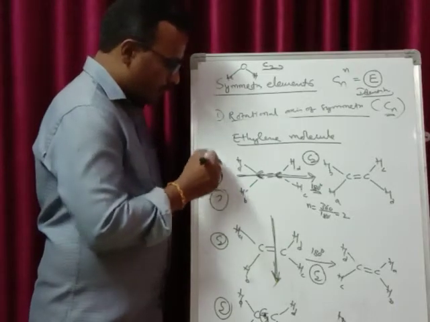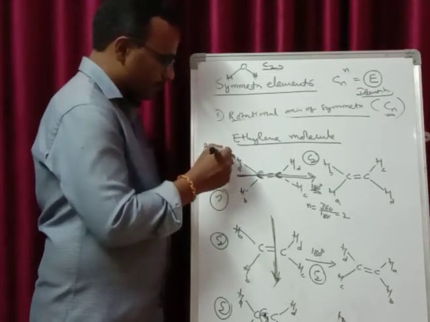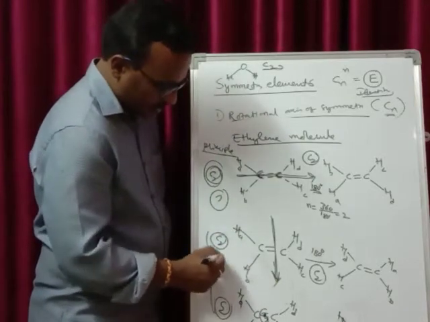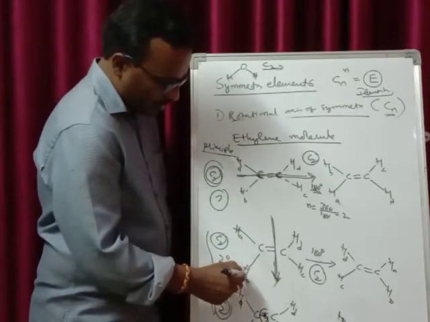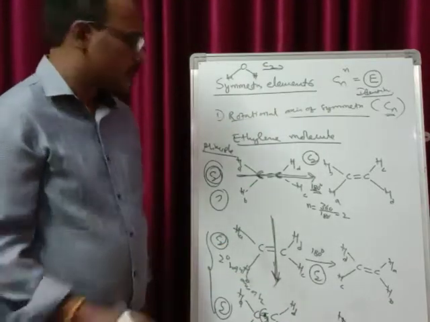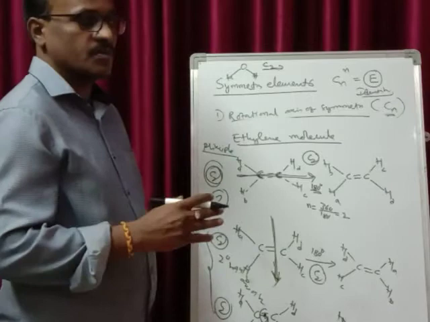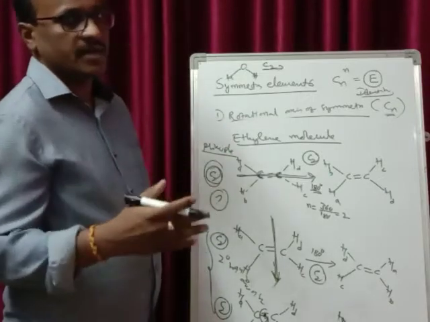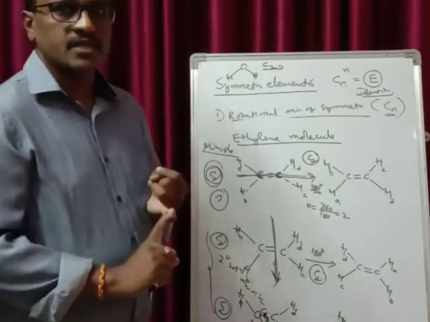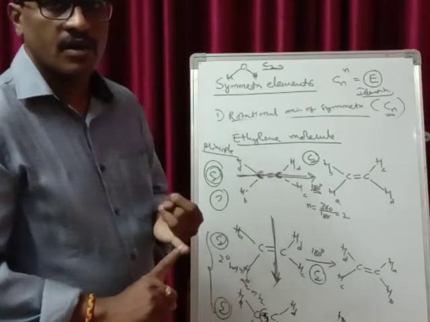Therefore, this should be considered as what? The principal rotational axis of symmetry, and these other two are considered as secondary rotational axes of symmetry. So this is regarding the symmetry: different types of rotational axes of symmetry are present in the same molecule. We have discussed the symmetry of the water molecule, which has C2.